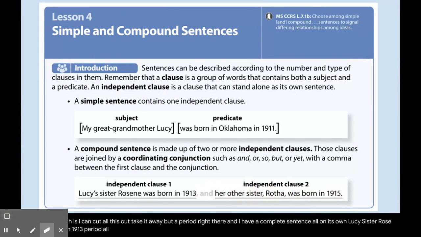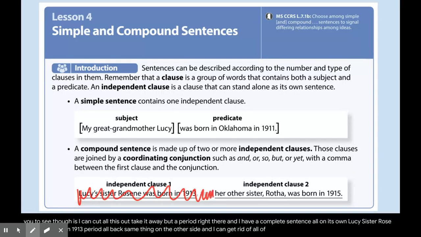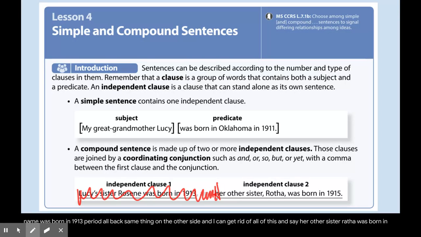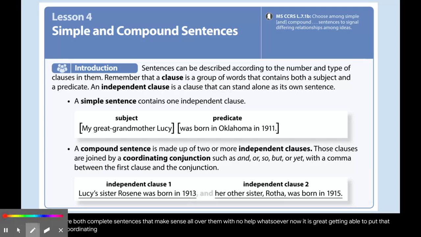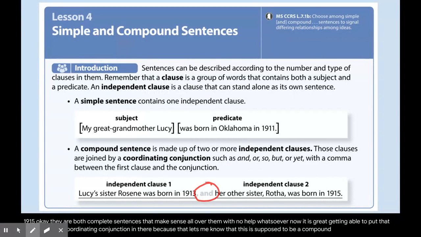Same token, I can do the exact same thing on the other side, and I can get rid of all of this and say her other sister, Rutha, was born in 1915. Okay. They are both sentences that make sense all on their own with no help whatsoever. Now, it is great being able to put that comma and that coordinating conjunction in there because that lets me know that this is supposed to be a compound sentence. Okay.